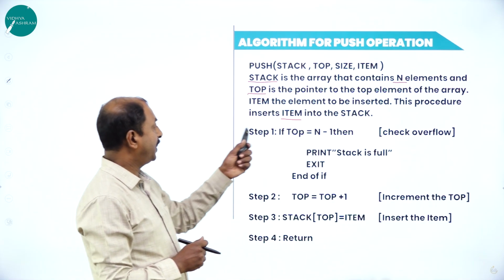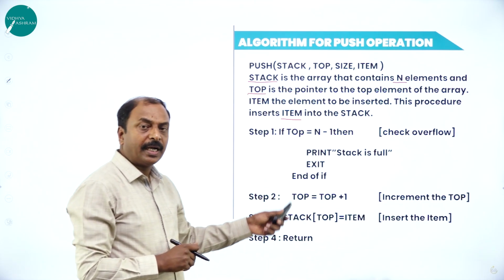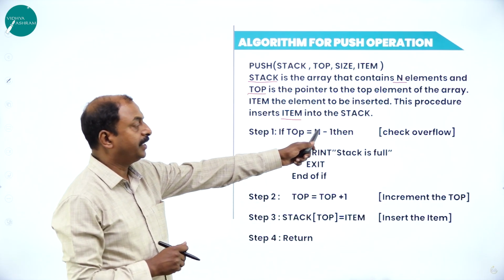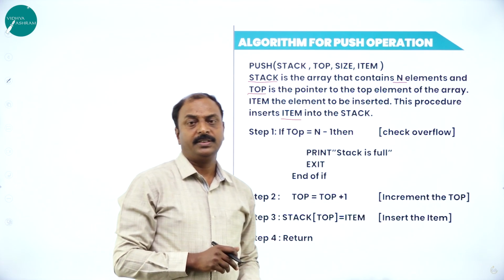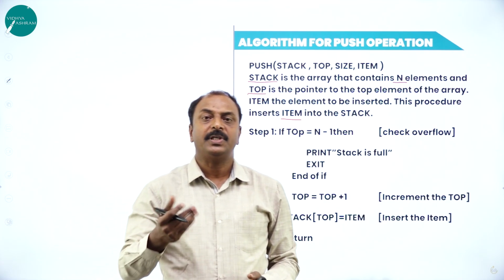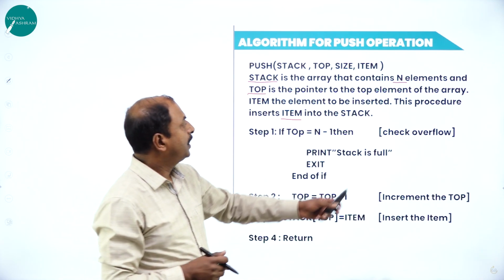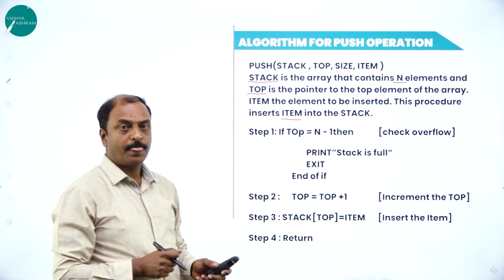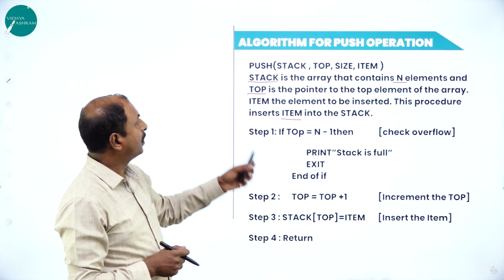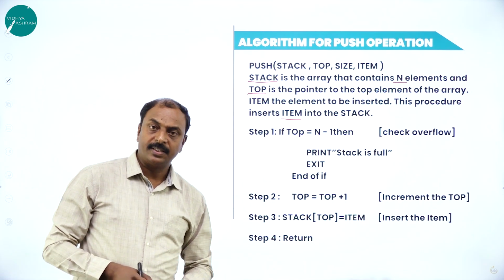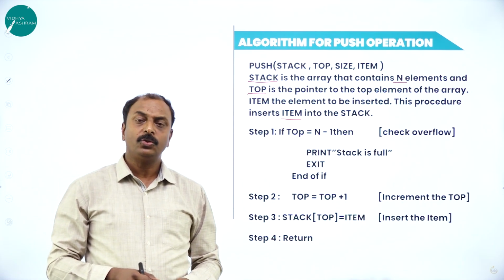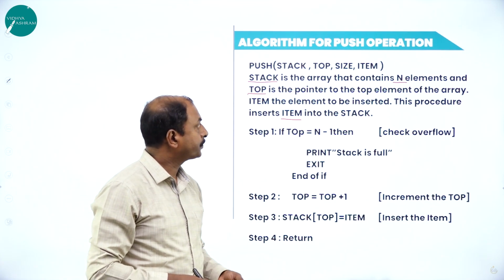Because it is in a loop, it keeps on adding elements until it reaches the maximum, the n minus 1 condition. So this is an algorithm to insert a new data item into the stack.